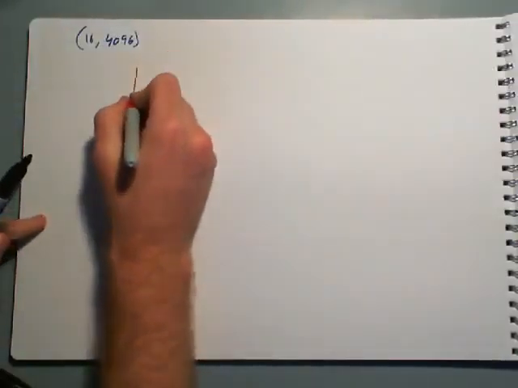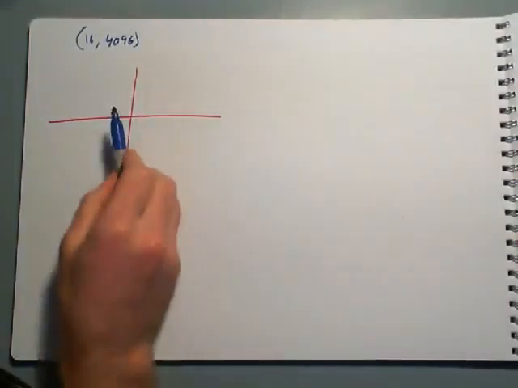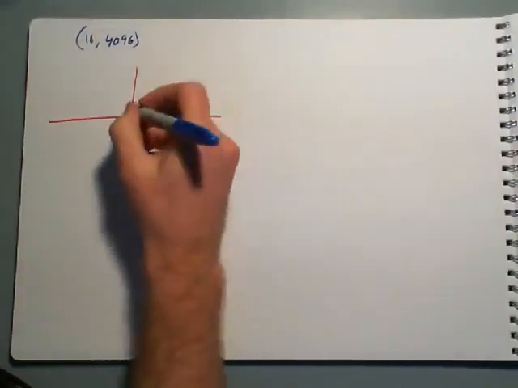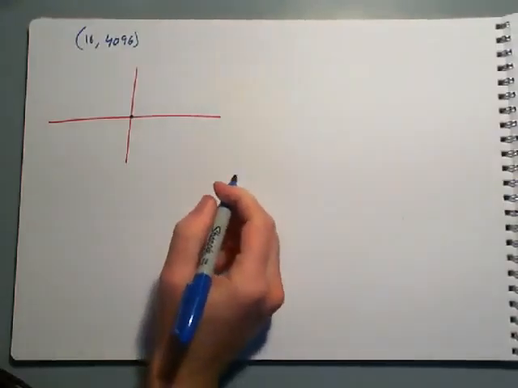Part D: sketch the graph of V against x for appropriate values of x, given the maximum turning point has coordinates (16, 4096). Okay, start with your set of axes. Now we know that x can't be less than 0, so we can cross out those, so it has to start at 0.